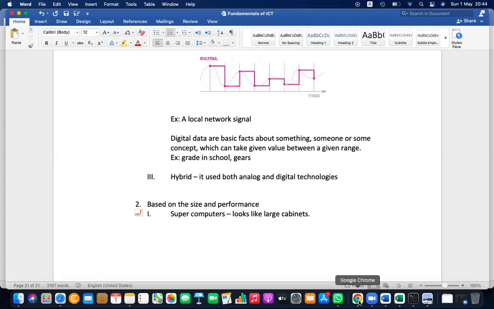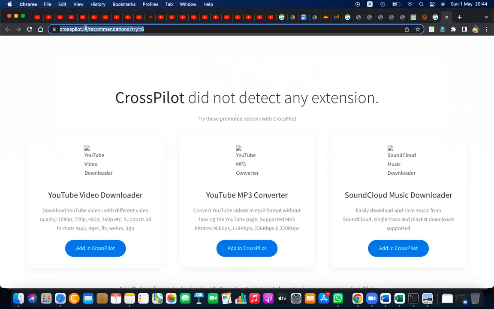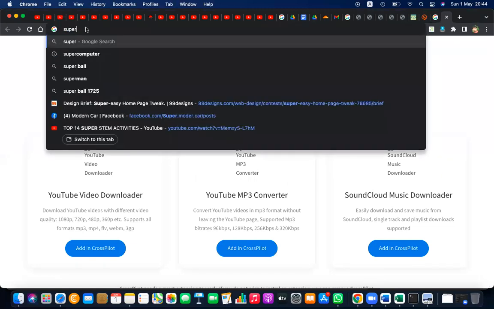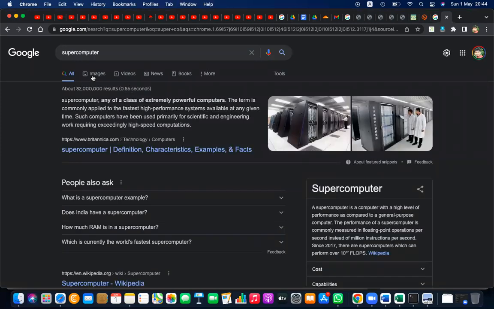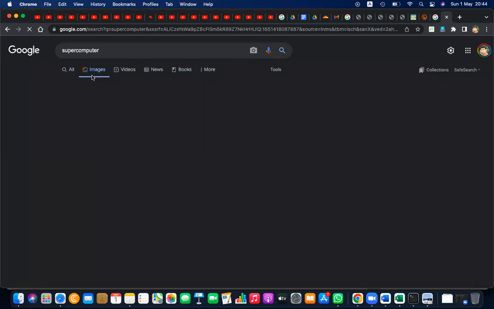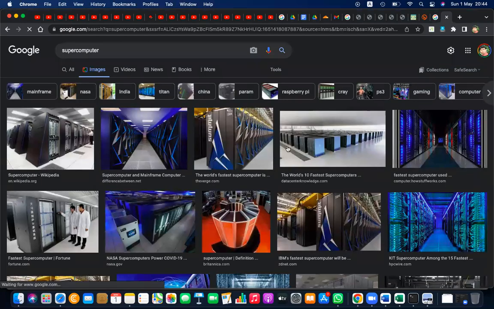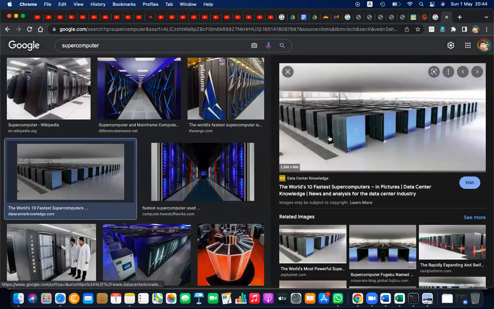So let me show this image. No need to draw this supercomputer. Supercomputers, as you can see here, are there as these cupboards, and inside them you have the processing unit, networking unit, and so on.